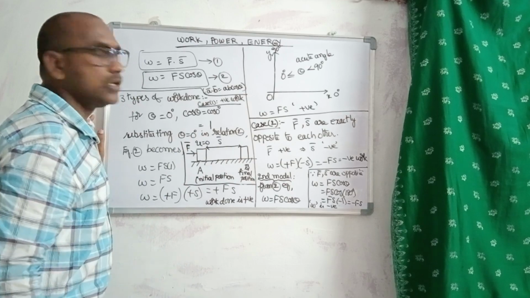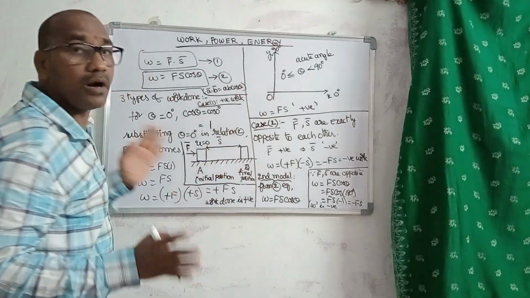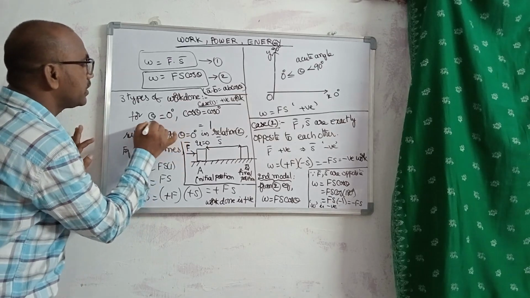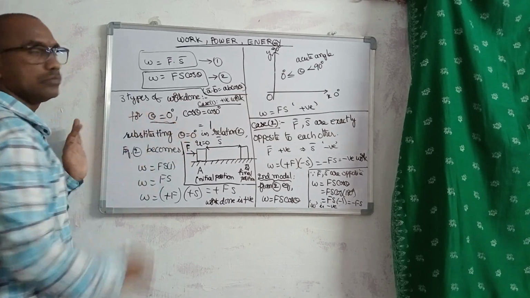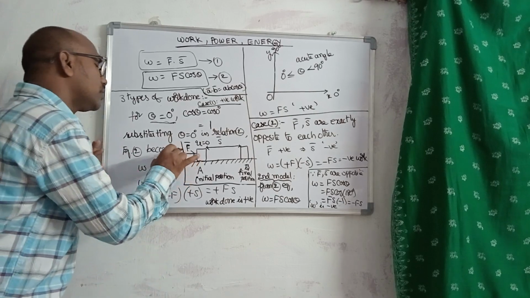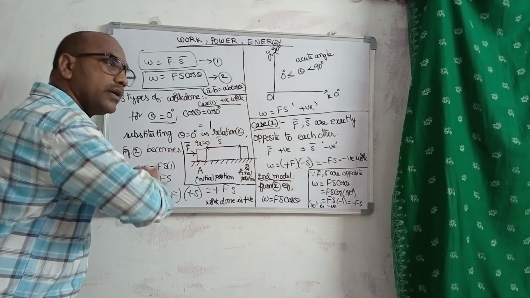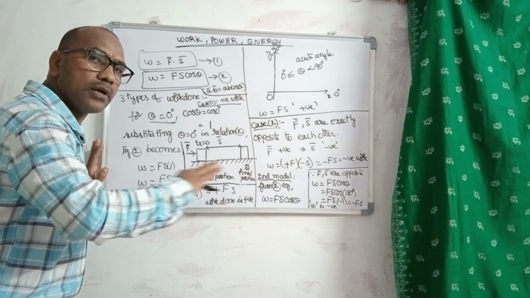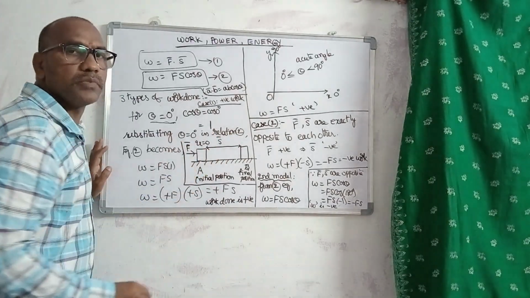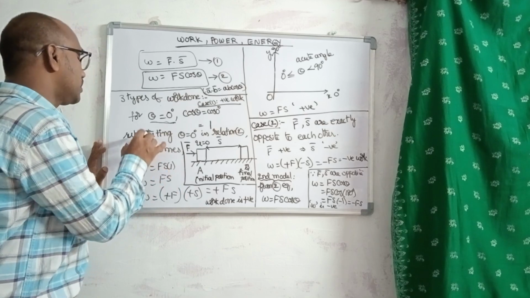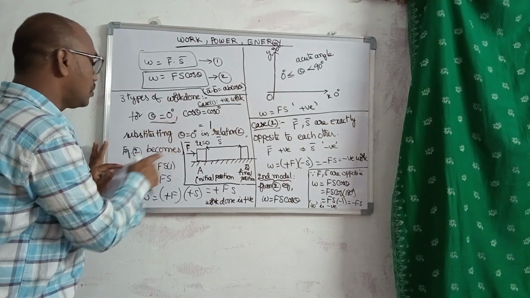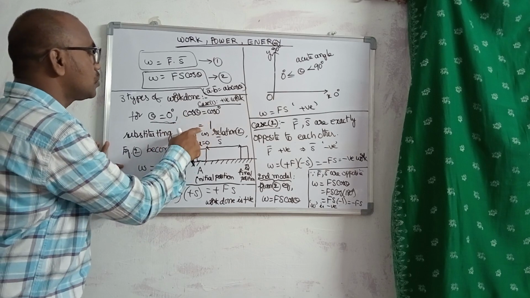Both are parallel, so F bar and S bar are parallel to each other. In this case, we can take theta equal to 0. Force and displacement are along the same direction, so the angle between them is 0. So cos theta equals cos 0 equals 1.